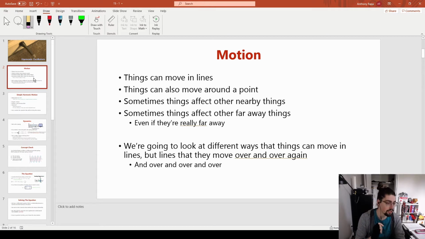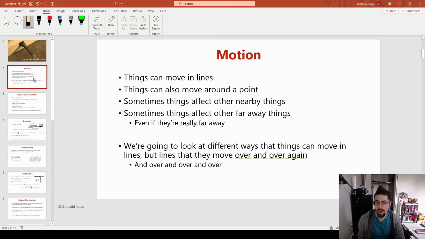Then we looked at how things affect other things that are nearby, right? Normal forces, friction forces, things like that. Then we looked at how sometimes things can affect really, really far away things. Even if they are 5,000 light years away, gravity still works. All of these things have been how we have described motion so far.